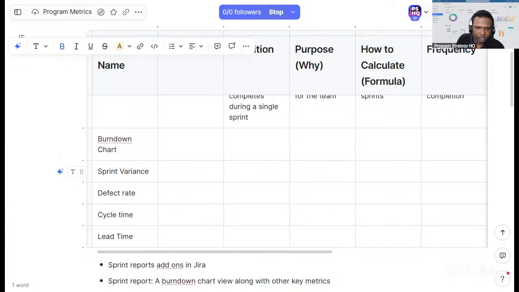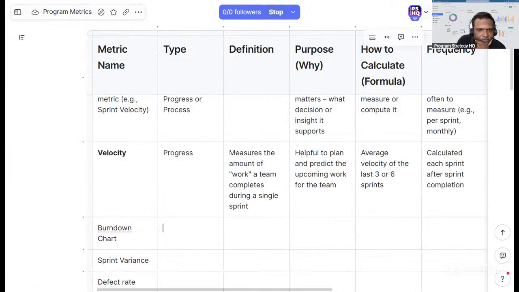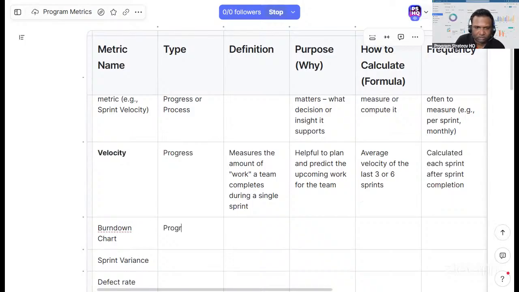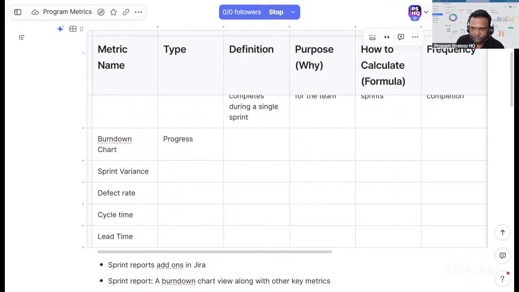And then burn down chart. Progress, process, product. This is also a progress type. What is the definition of burn down chart?